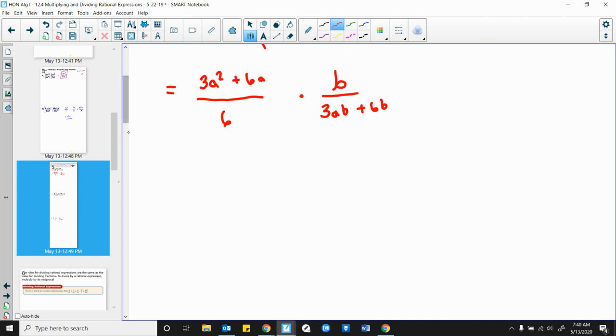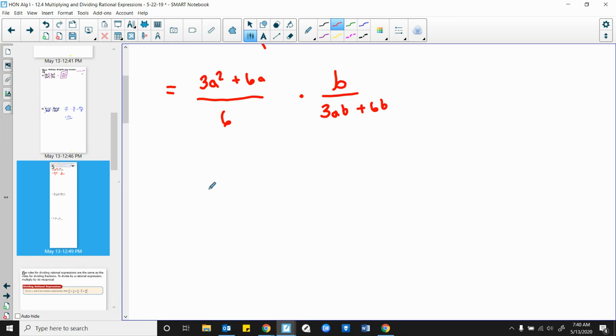All right, so we have that. Now, what can we do with these before we multiply? Because there's still a lot there. Well, let's factor out our GCFs here. My GCF between 3a squared and 6a is going to be 3a.